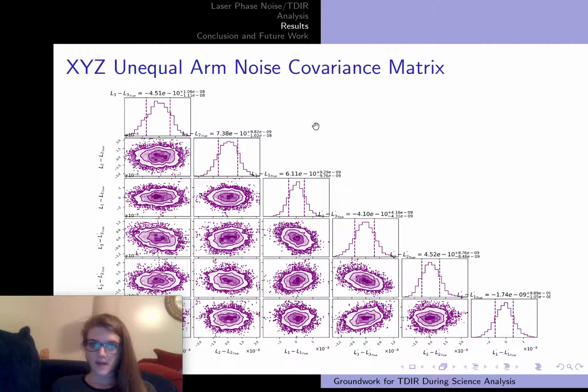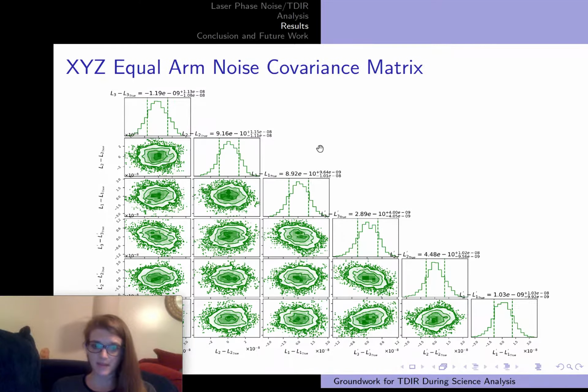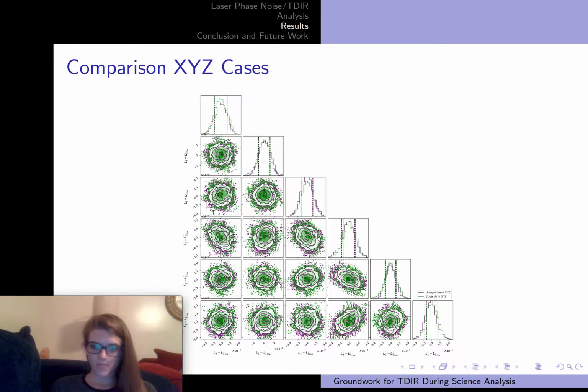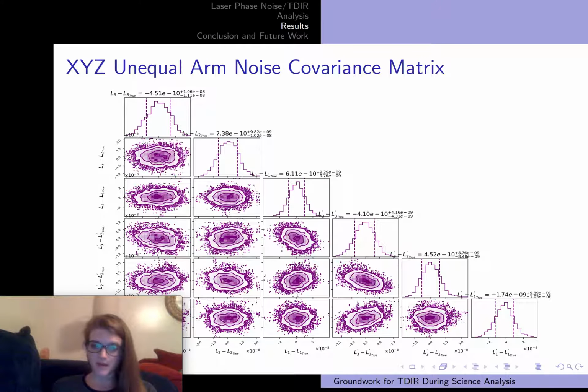And as you might expect, the unequal-arm noise covariance matrix case is performing similarly. It's doing fine, and it is doing just about the same as the equal-arm. This was, as you might expect, from basically the same noise curve that you get using the assumptions that I used, but you could always go in and put secondary noises into the data and measure effects.